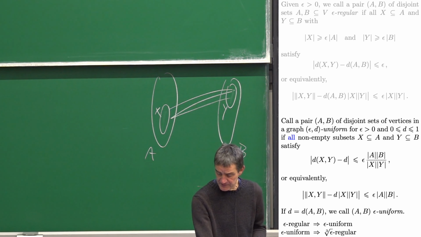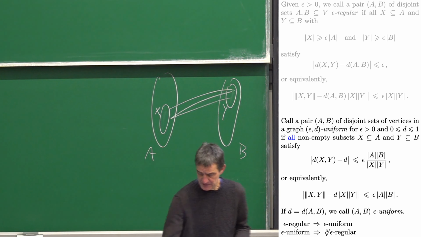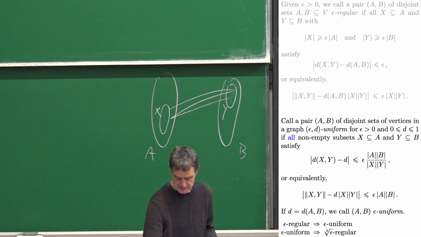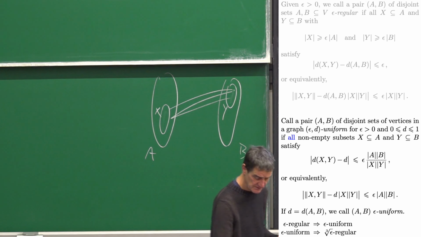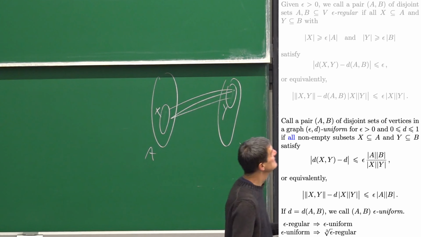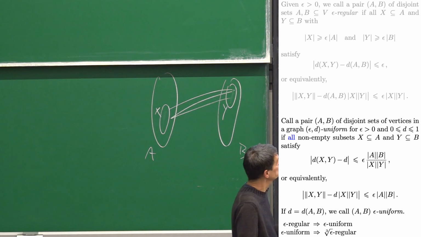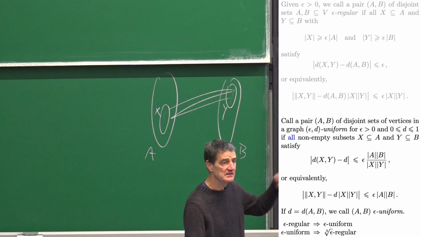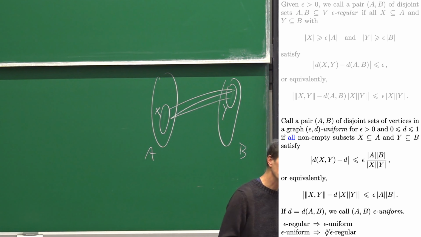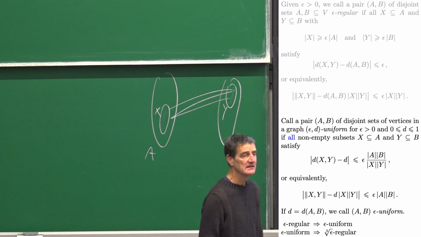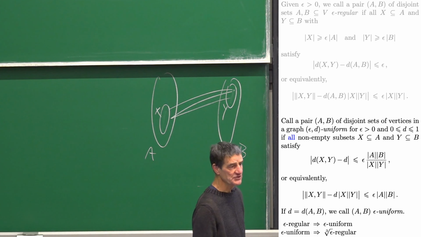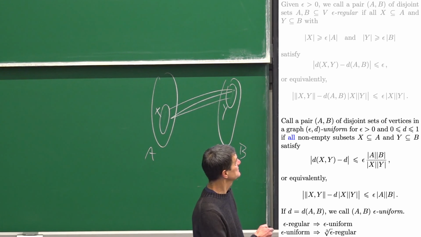Right? Okay, so in what follows, we will technically assume epsilon uniformity, but when I speak of assumptions that we're making, I quite deliberately assume epsilon regularity, bearing in mind that it is stronger, that it implies epsilon uniformity.